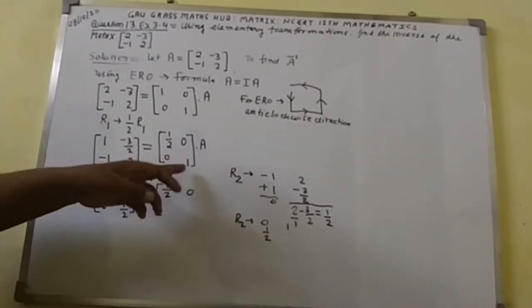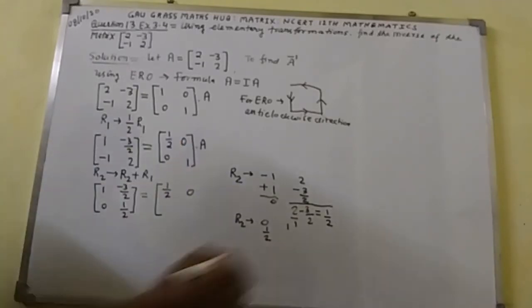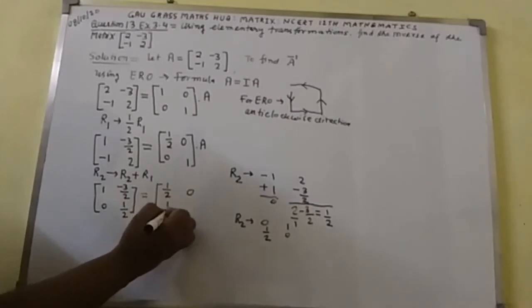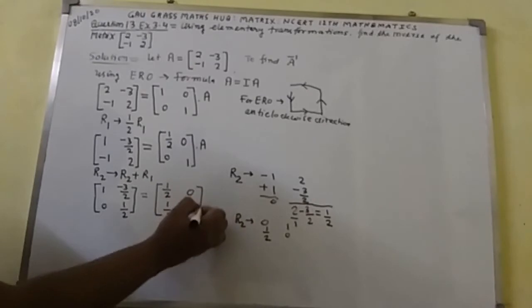Here the respective element of 1 in the first row is 0. So here write 0. And adding, you will get easily here 1 over 2, and here you will get 1. Dot A I shall write.